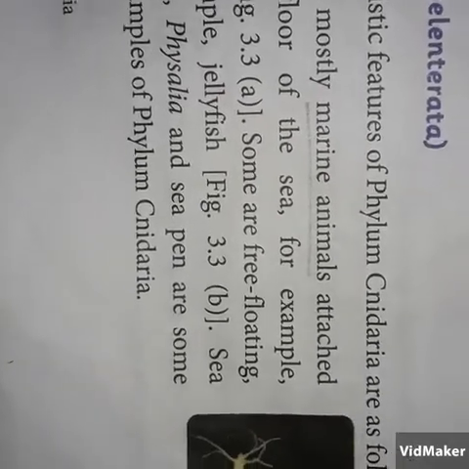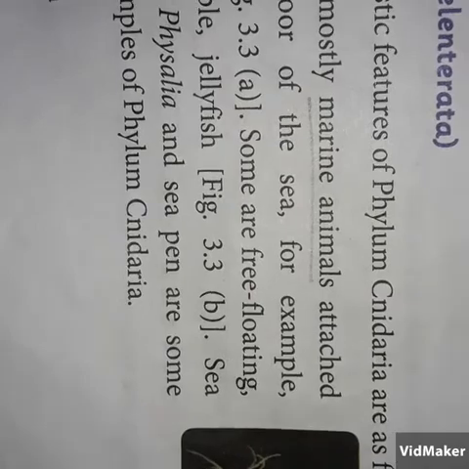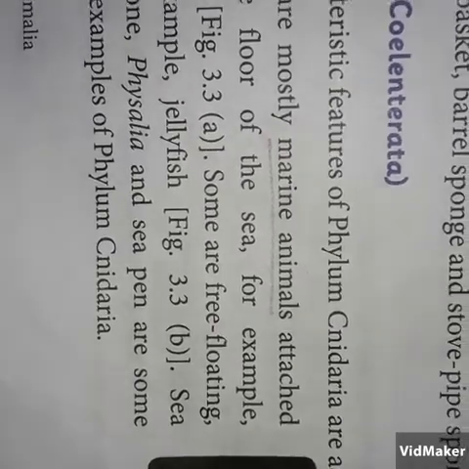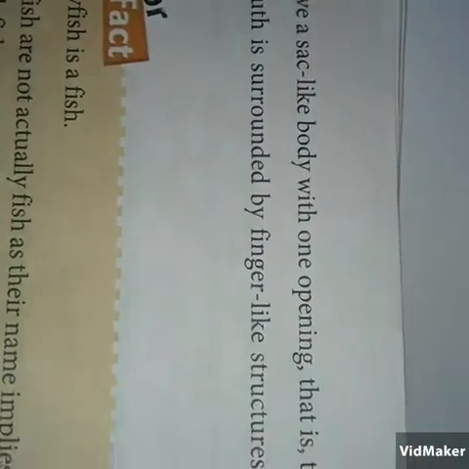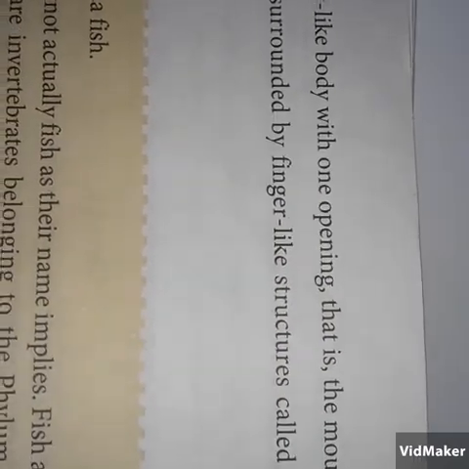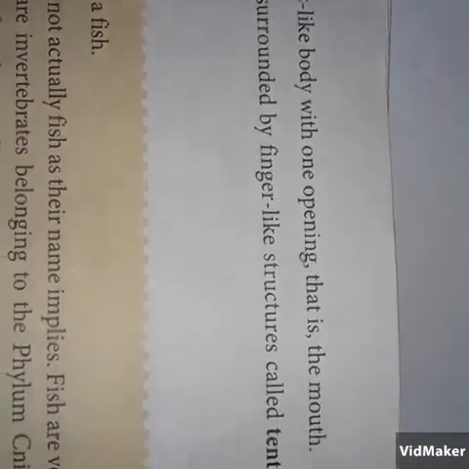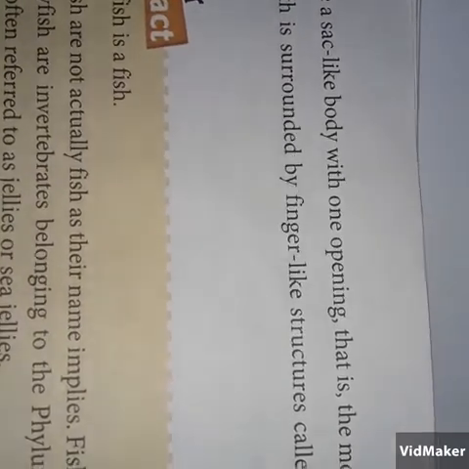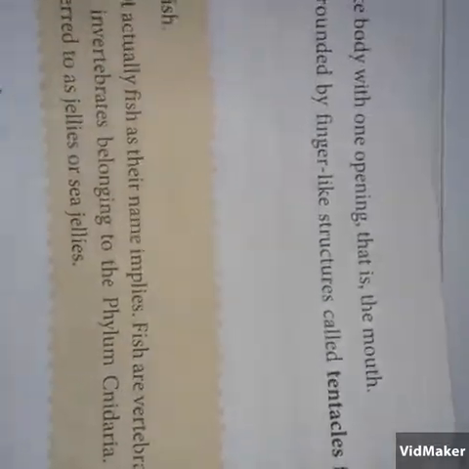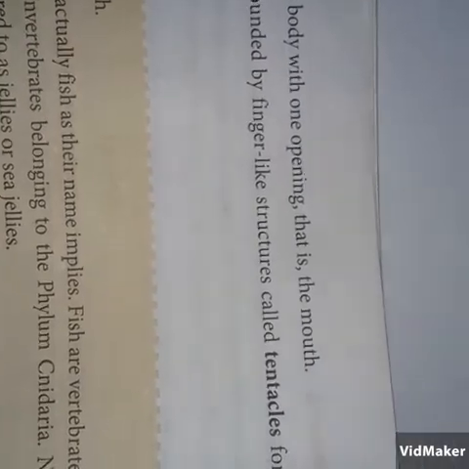Sea anemone and sea pen are some other examples of Cnidaria. Third point, they have a sac-like body with one opening, that is the mouth. The mouth is surrounded by finger-like structures called tentacles for catching food.